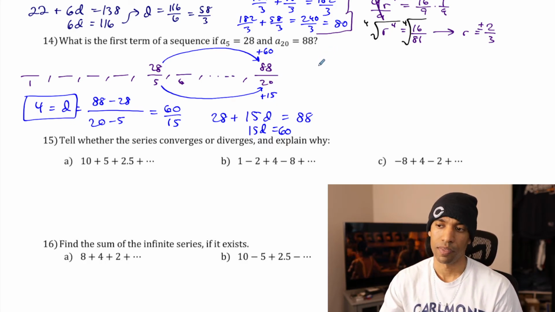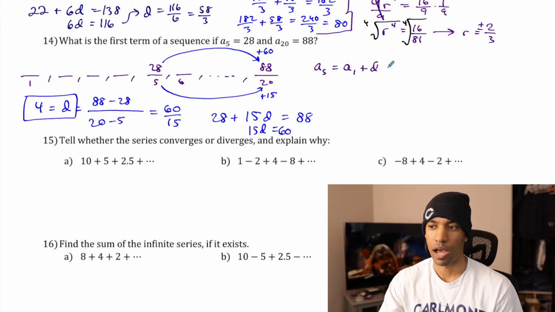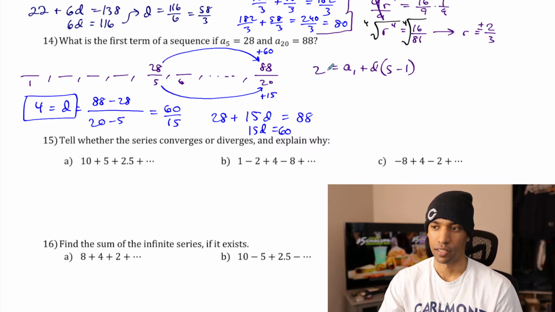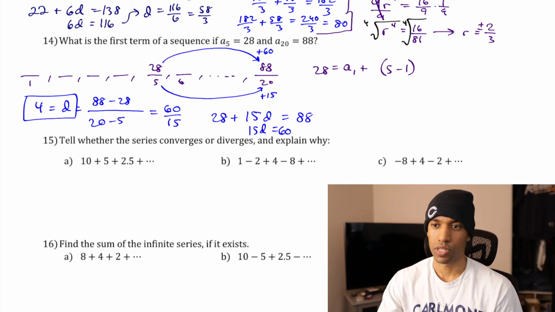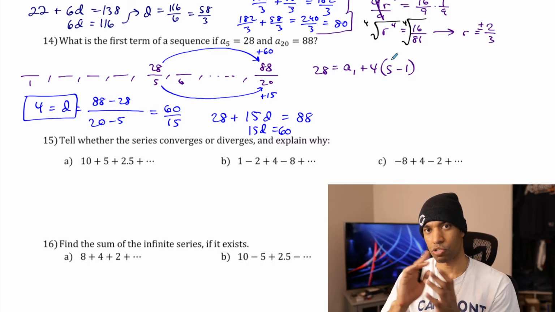We could say, if a sub 5, and I'm going to substitute 28 there in a second, is taking the first term and adding your common difference of 4, 5 minus 1 times, and a sub 5 is 28, then we can use this information to find a sub 1. I know to you it looks like an equation, but there's a story involved here.